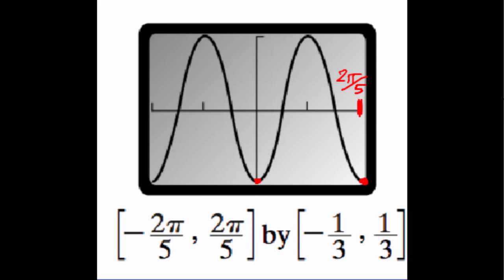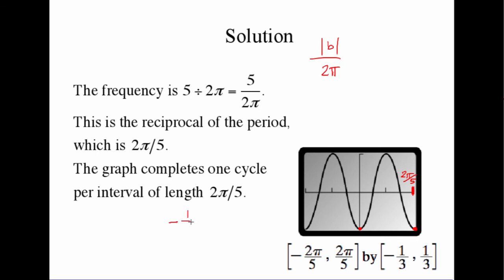Okay. Now you'll notice that this is the reflection of the cosine across the x-axis. And the reason is because of the negative 1/3. The negative 1/3 cosine 5x means that not only is the amplitude 1/3 here, but because this is a negative value, this is also reflected.